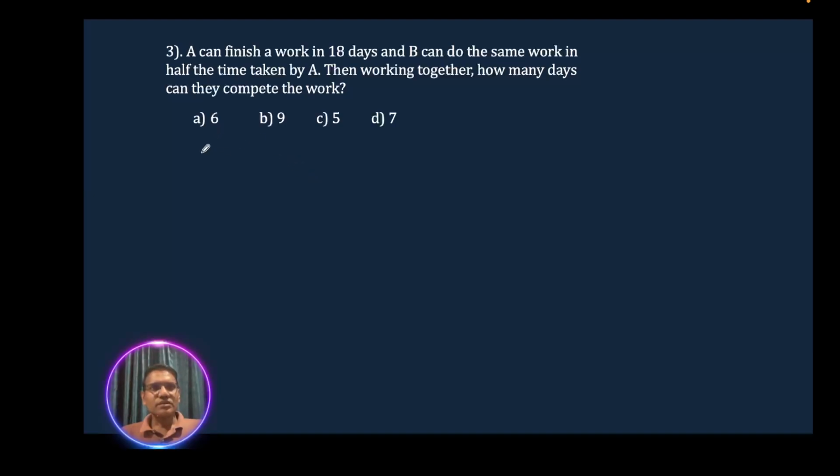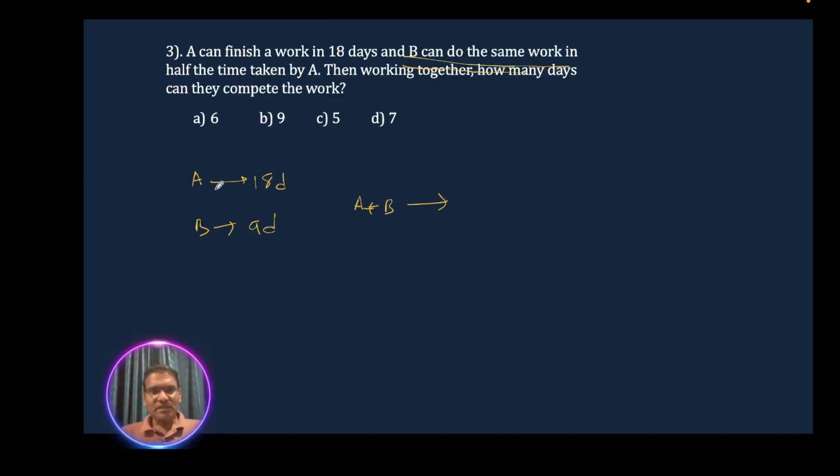Now question number 3. A can finish the work in 18 days. B can do the same work in half of the time, that means 9 days. Working together, how many days can they complete the work? If they work together, both can do the same job in how many days? There is a shortcut method.